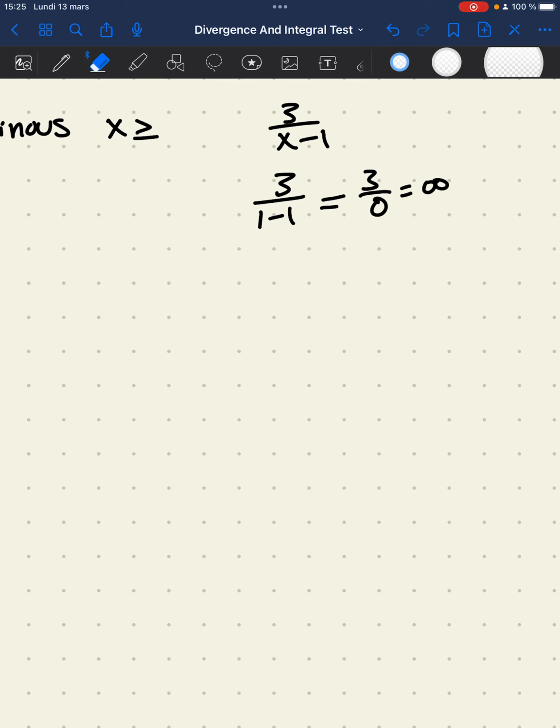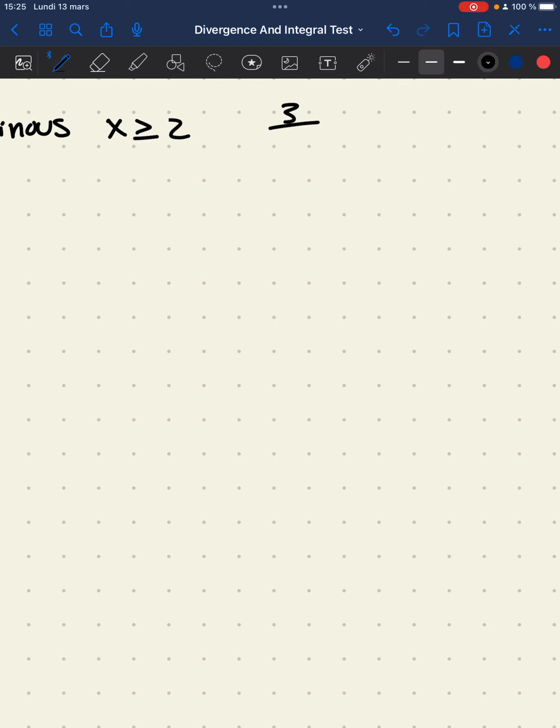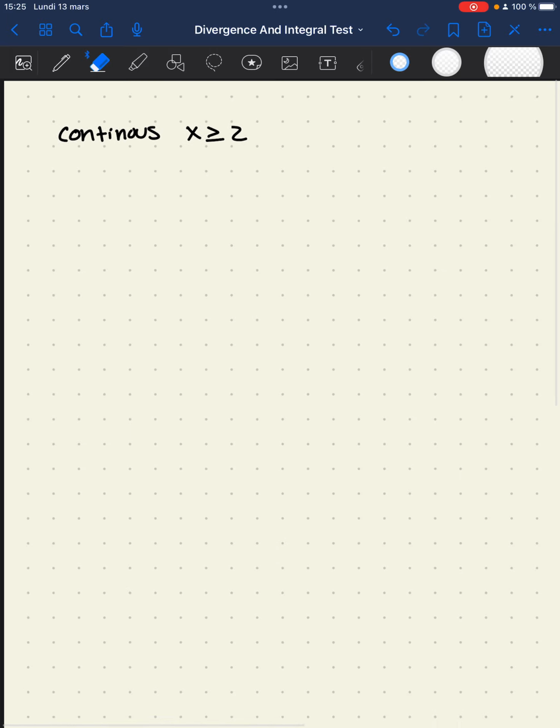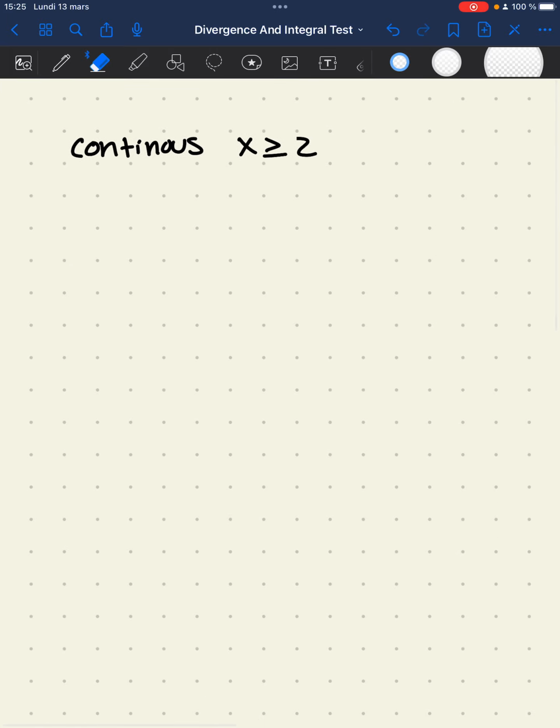Where it is continuous is if we were to make this interval x greater than or equal to 2. You wouldn't have that gap in this interval because this would just be 3 over 1, and then 3 over 2, and so on and so forth. So the function that you use has to be continuous for the interval you choose.